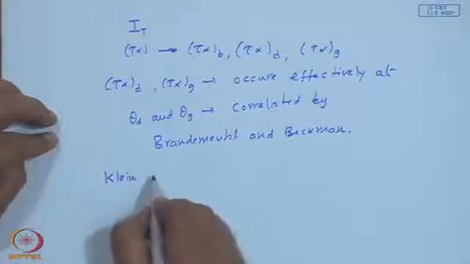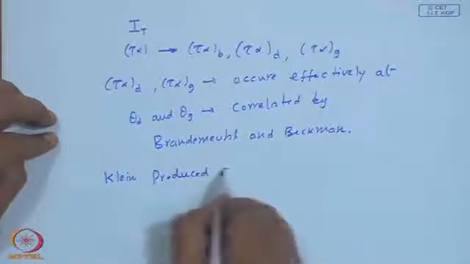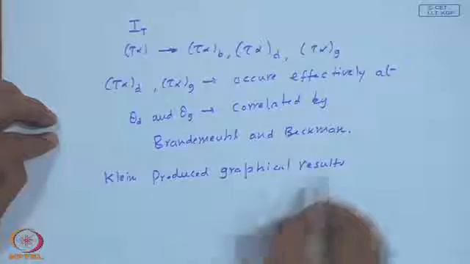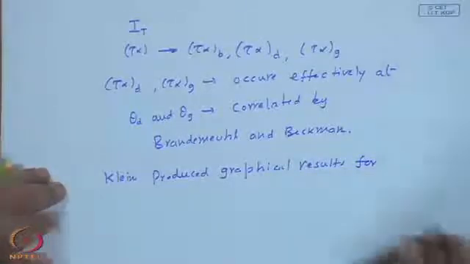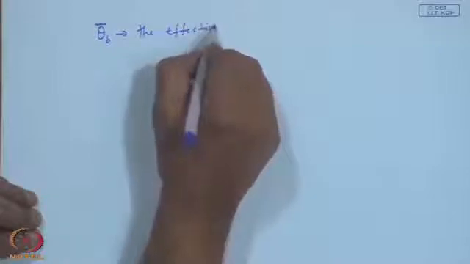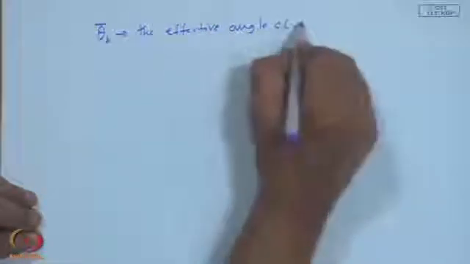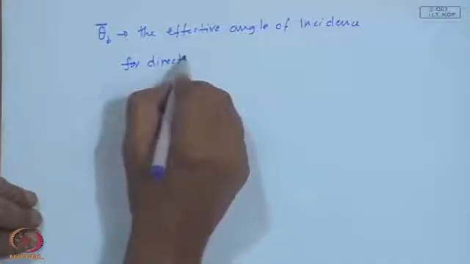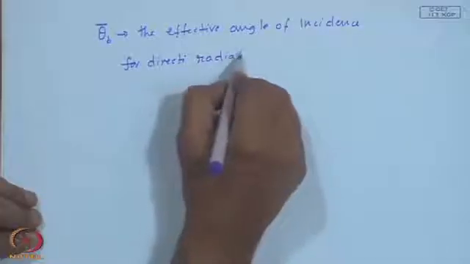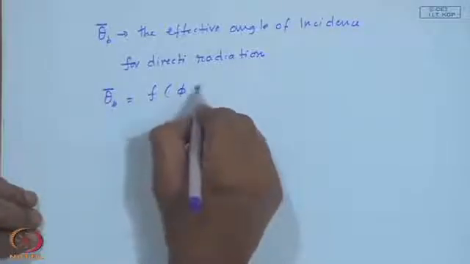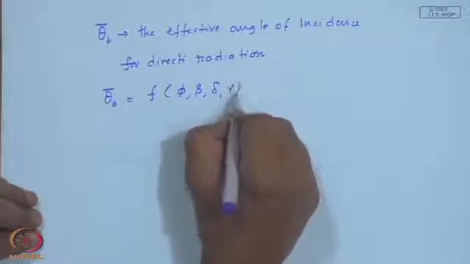Klein produced graphical results for theta b bar, the effective angle of incidence for direct radiation, as a function of latitude of the location, slope of the collector, the month and the azimuthal angle.